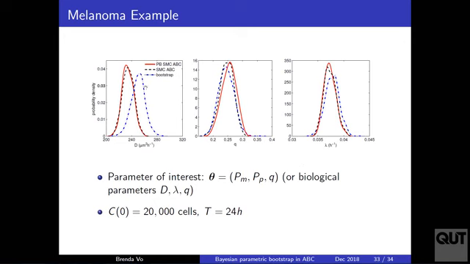The solid red is after we use the parametric bootstrap in SMC ABC, and the black dash one is just the SMC ABC by itself, so they are most likely similar or the same. The blue is the bootstrap. So you see that for Q and lambda, the bootstrap approximation by itself is very close to the posterior. For D, it's not really.